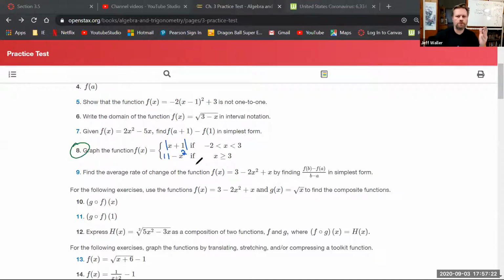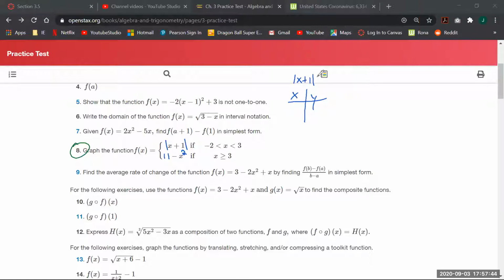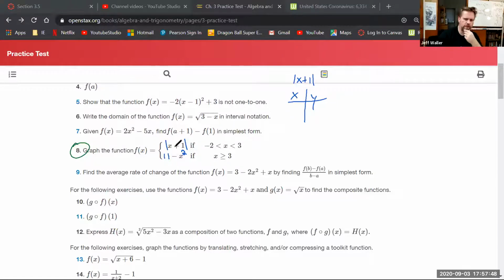You don't have to do it this way, but my big suggestion, if these are difficult, is to make XY tables. And look what else I can do for myself. For the absolute value of x plus 1, what inputs am I going to use? Between negative 2 and 3.